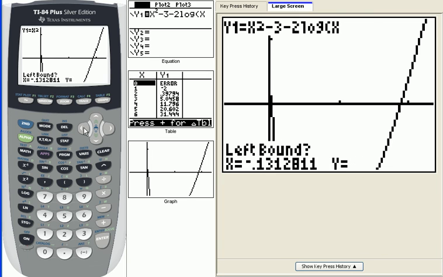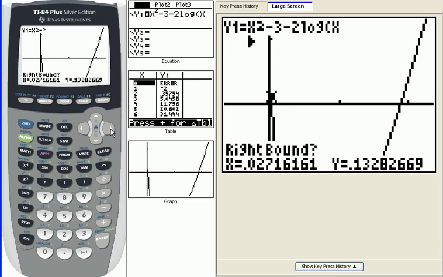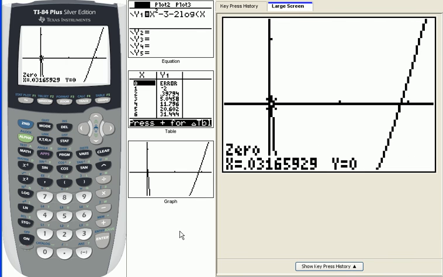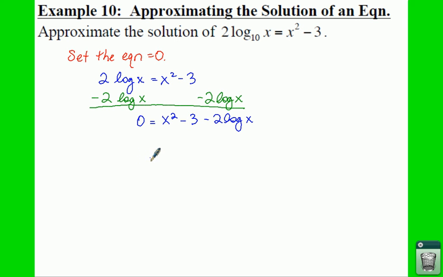Okay, there we go, that's far enough. So hit enter, and then we need to get one on the right side, so we hit enter here, and the 0 is at 0.0316. So we're going to write that down.